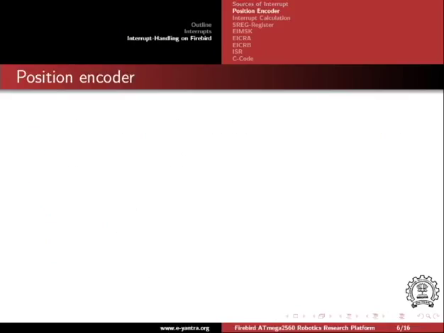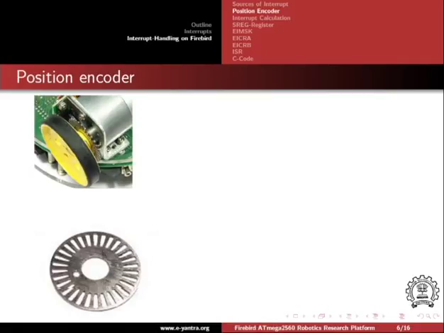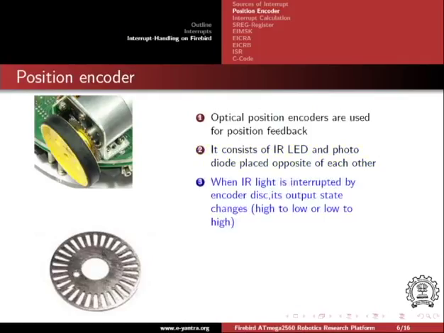Now moving back to interrupts, let us look at how interrupts are used to calculate the distance moved by the robot. For this, we have a device called an Optical Position Encoder. The Optical Position Encoder gives position feedback. The position encoder is divided into two parts. The first part is an IR LED and the other is a photodiode. They are placed opposite to each other.